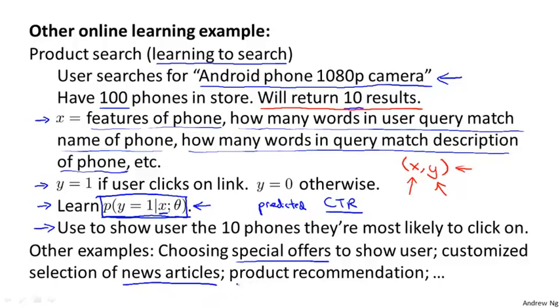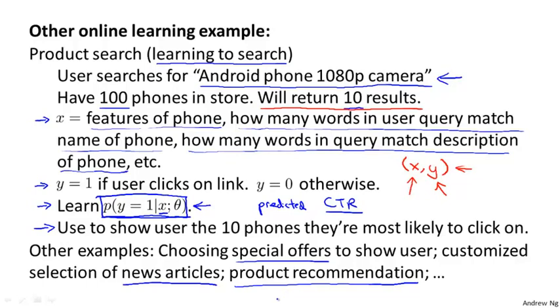Closely related to special offers would be product recommendations. And in fact, if you have a collaborative filtering system, you can even imagine it giving you additional features to feed into a logistic regression classifier to try to predict the click-through rate for different products that you might recommend to a user.